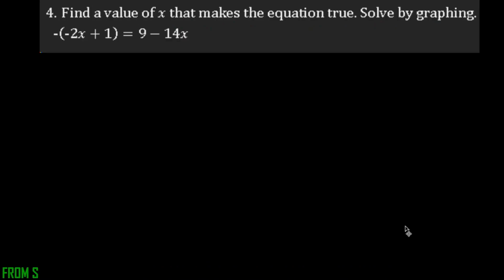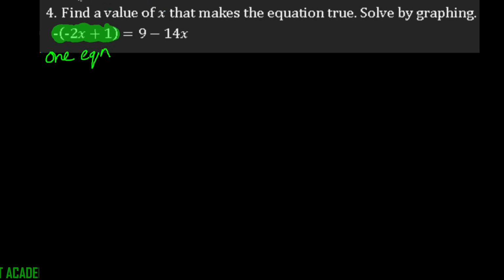And then for the last one, it says find a value of x that makes the equation true. Solve by graphing. And so make sure, again, remember when you go to graph it out, let's highlight our one side. So we're going to say, here's one equation. This is one equation.